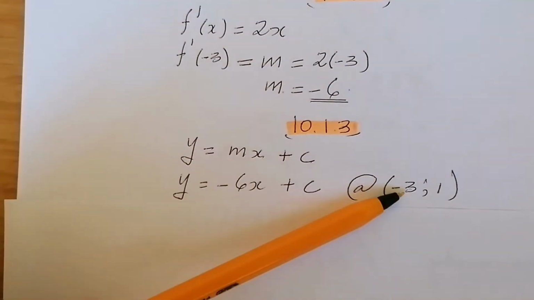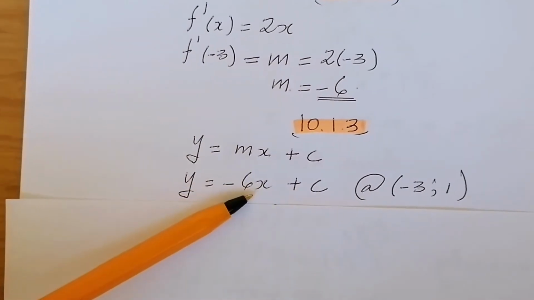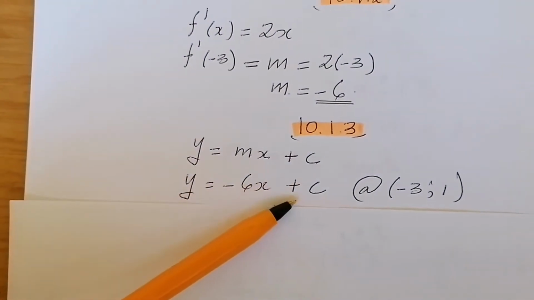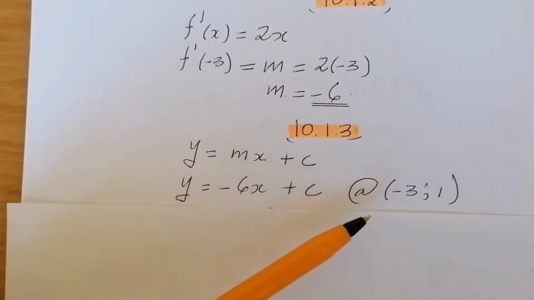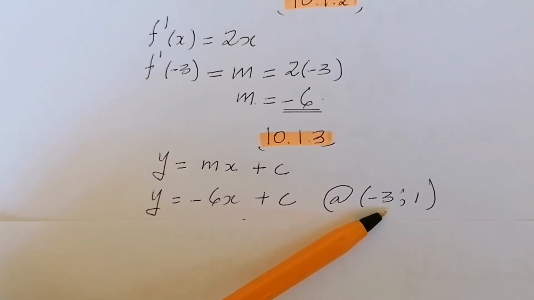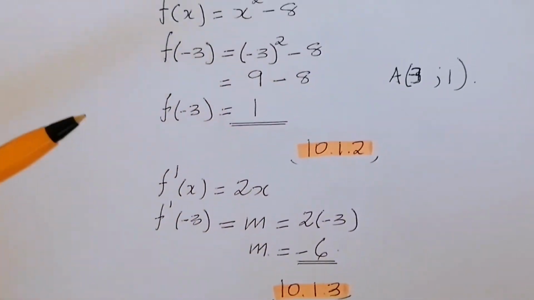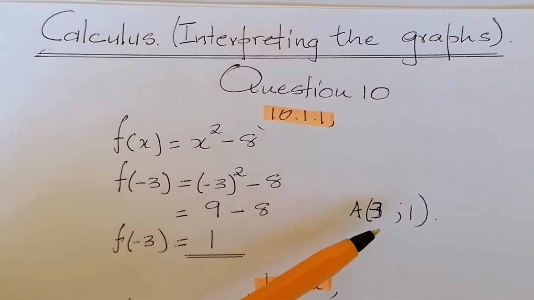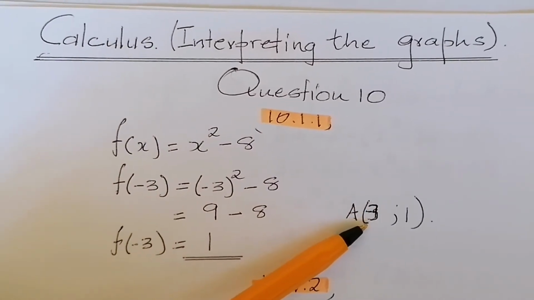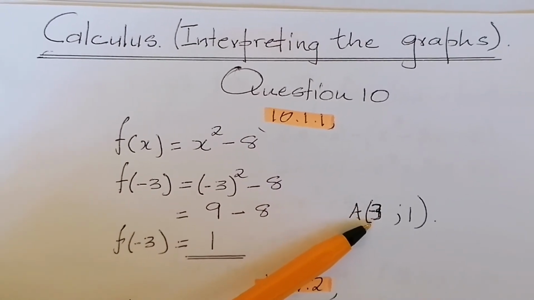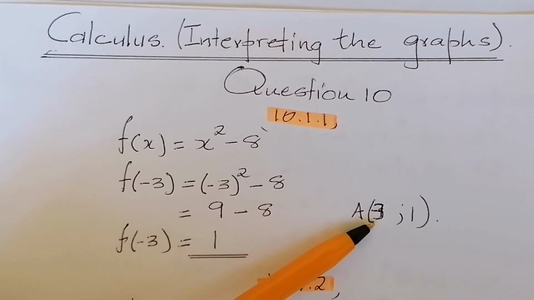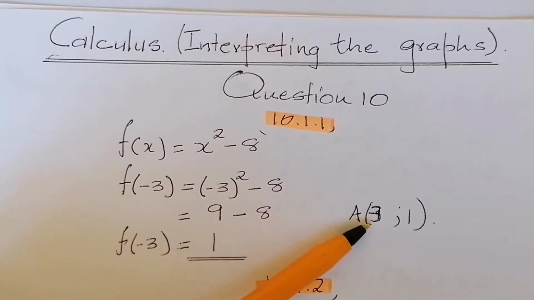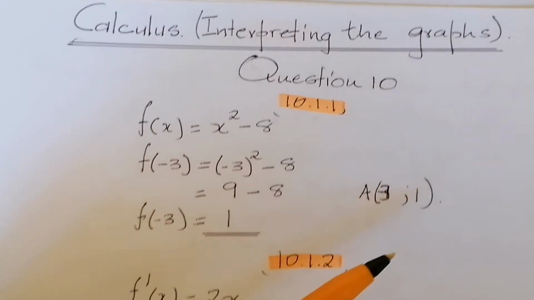The gradient at a point minus 3 is minus 6. Now y is equal to minus 6x plus c. Do you still remember that we did calculate the coordinates of that point where the tangent is touching our function, and the coordinates were minus 3, 1.